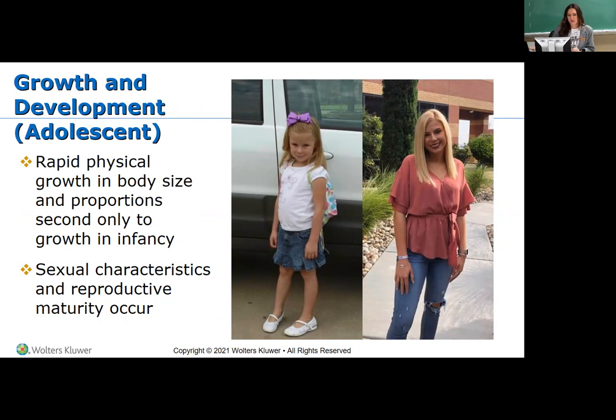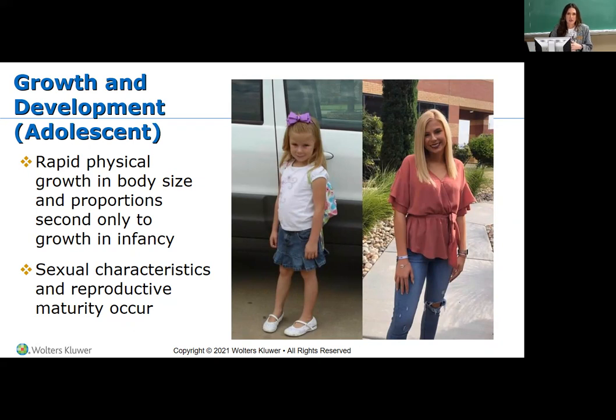What happens is our sexual characteristics and reproduction start to occur. We start getting the estrogens and the testosterones, and that is what jump starts that growth. We know that girls should stop growing between 2 and 2.5 years after the onset of their menses, or menarche.